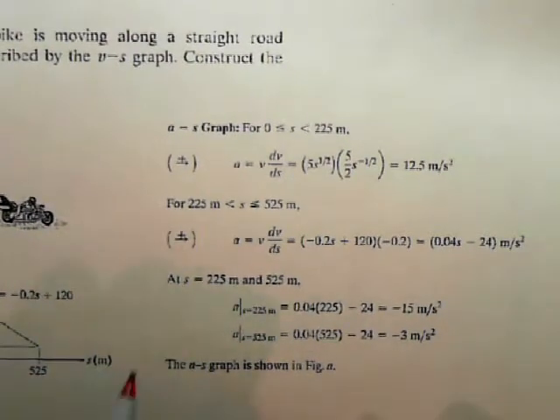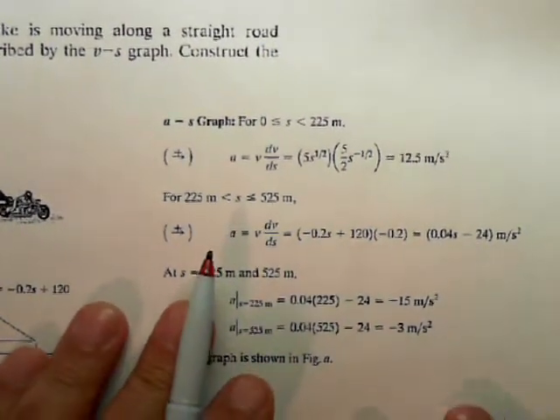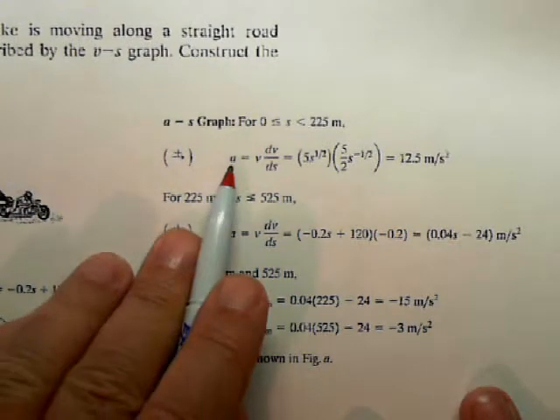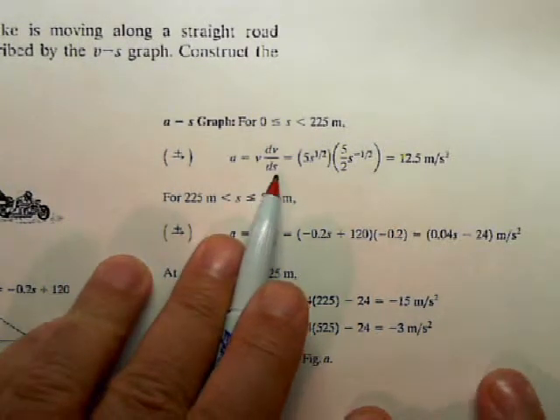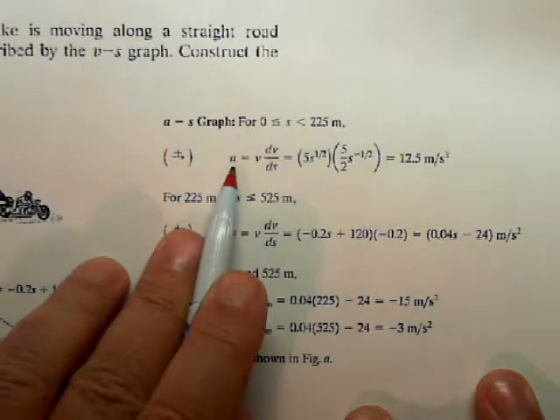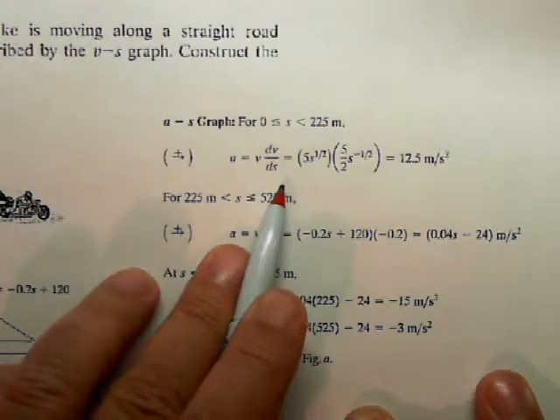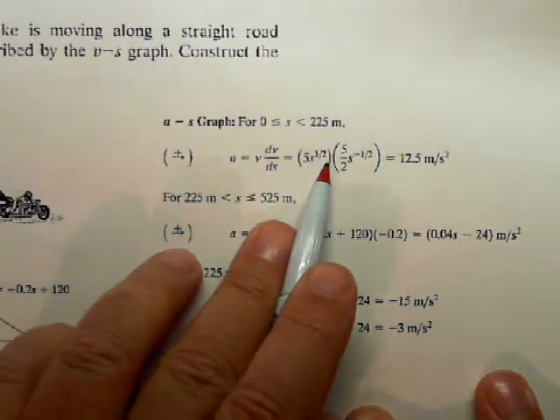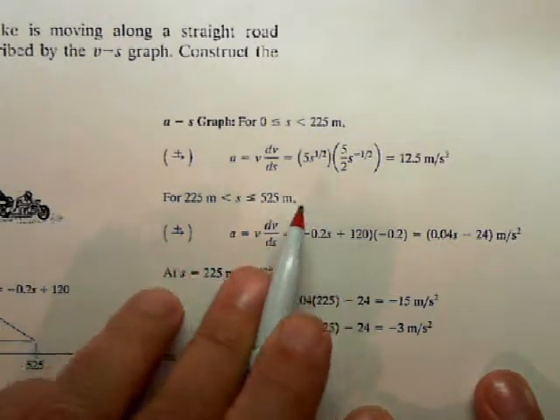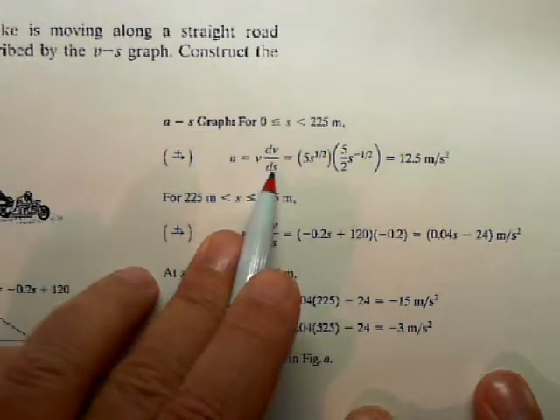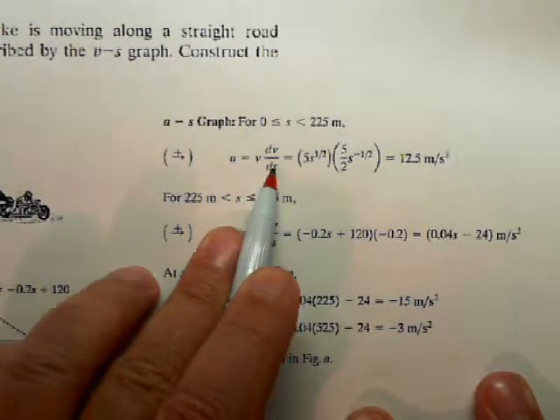And so taking A ds equals V dV and rearranging it by bringing the ds to the other side, we're going to have A is equal to V times dV/dS. Now, we have V is equal to 5 s to the 1/2. This is the derivative of V with respect to S, and so that's quite easy to get.